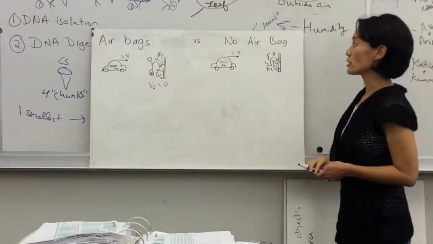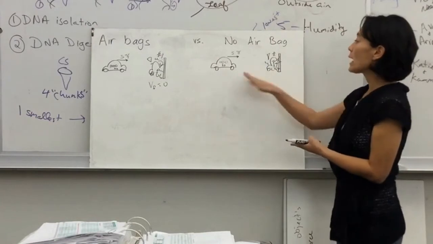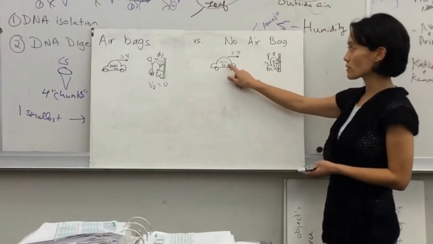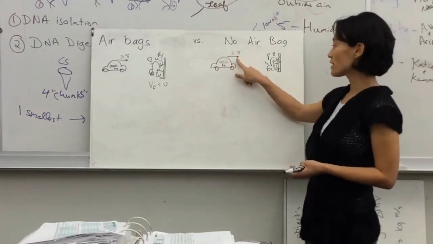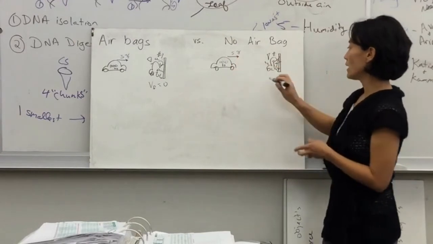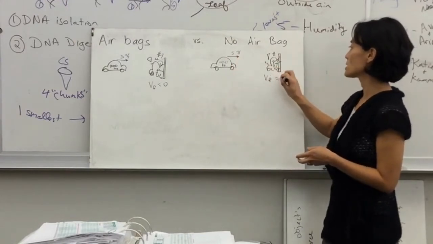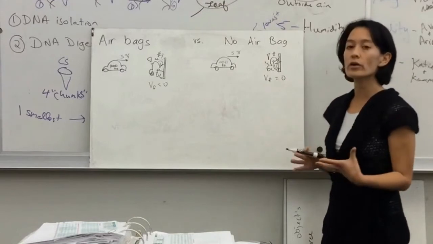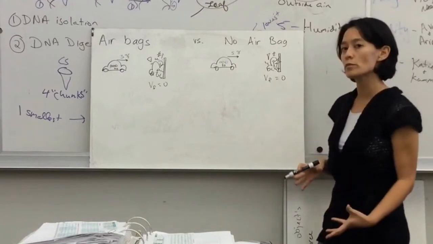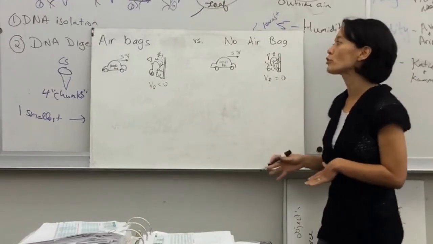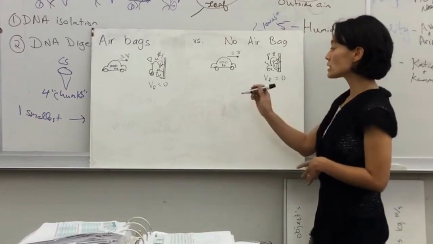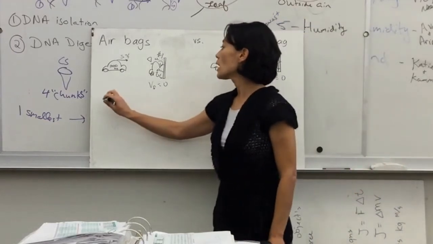And then I have a situation where I have no airbag, and I have a car that has a mass of 1,000 kilograms, a velocity of 5 meters per second, it hits a wall, and again it comes to rest. So we're going to compare these two and look at what's happening in terms of momentum and forces.